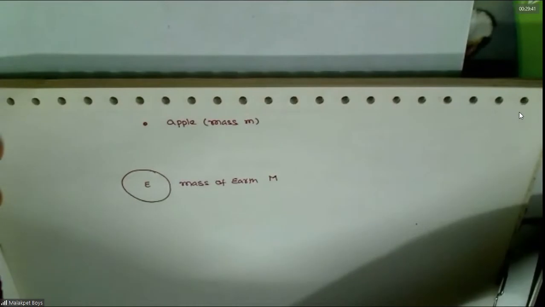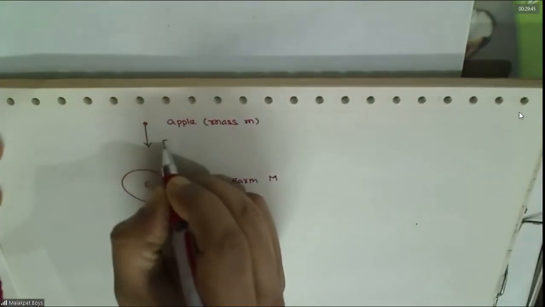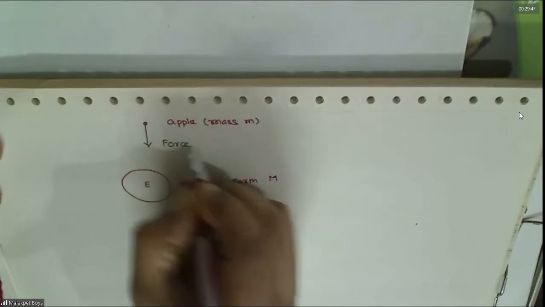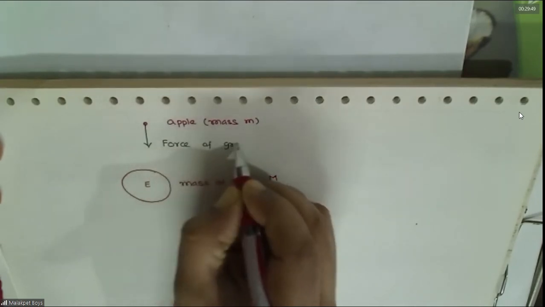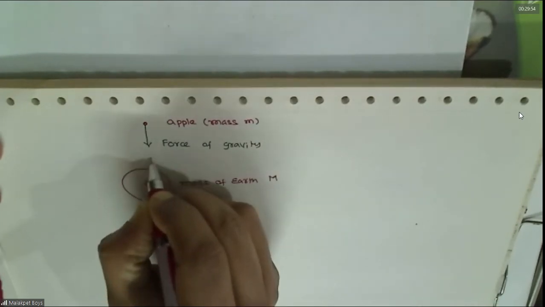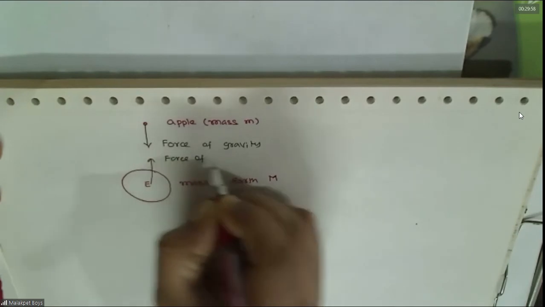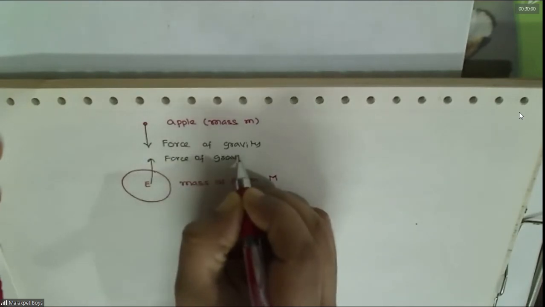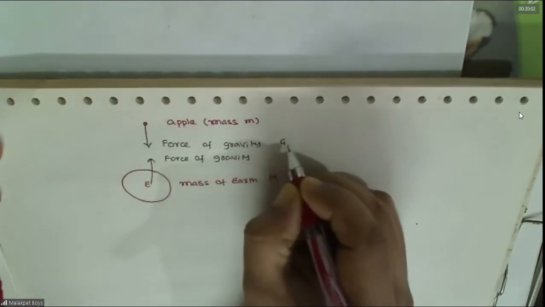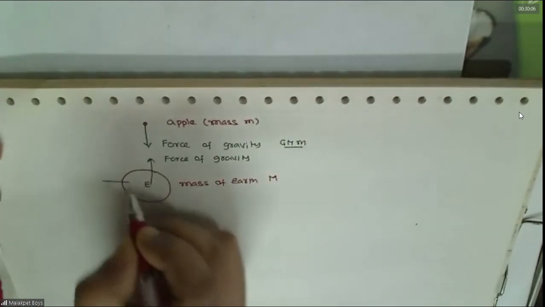Now you know by Newton's law, this is subject to a force of gravity. Remember, this is also subjected to the same force, no? The force of gravity is G M m by the separation between them squared.